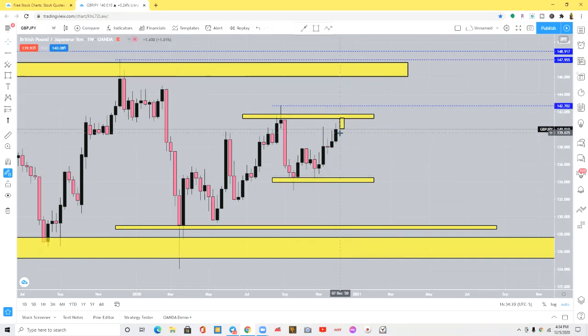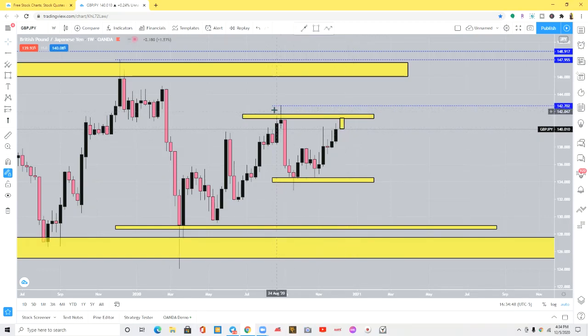The only way this will continue to be a valid buy, we need a closing candle above 142.70. It needs to be above this high around August 31st. And we need a closing candle. We cannot get a wick type of close. If we get a wick up here, but the candle closes below here, it still wouldn't be considered valid because we need price to close.